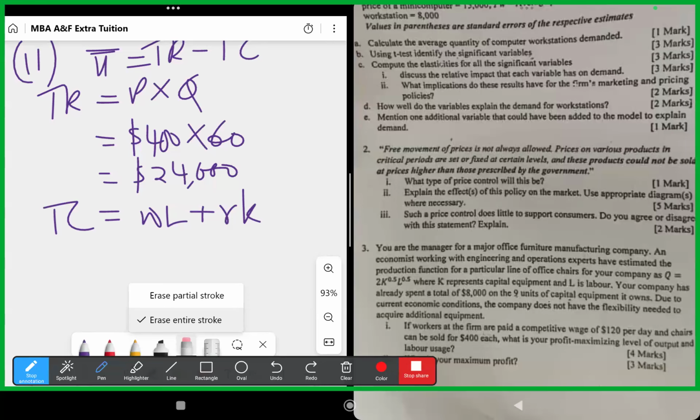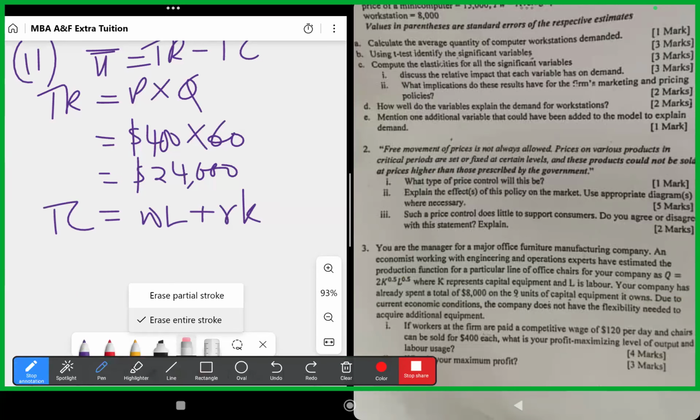Your company has already spent a total of 8,000. So it means that's the total cost expenditure. I'm reading from here: your company has already spent a total cost of 8,000. All right.